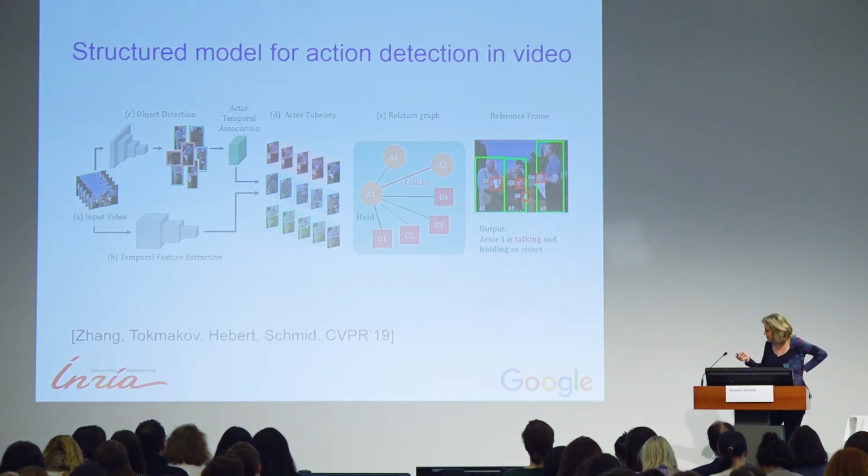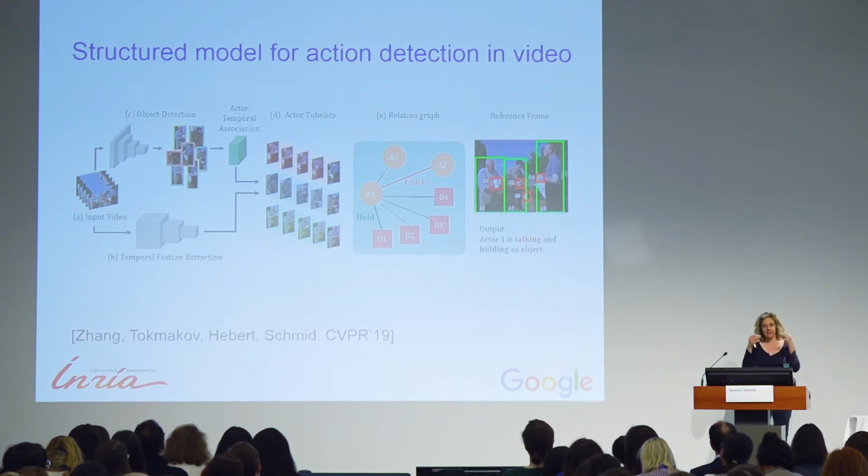So here we first have actor tubelets, where you link the actors over time. What's important here is that instead of just averaging the information over these tubelets, you use graph convolutional networks to model how these features evolve over time, right? It gives you a predictive model of how these features interact together.